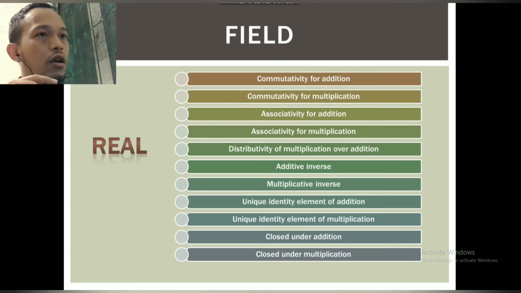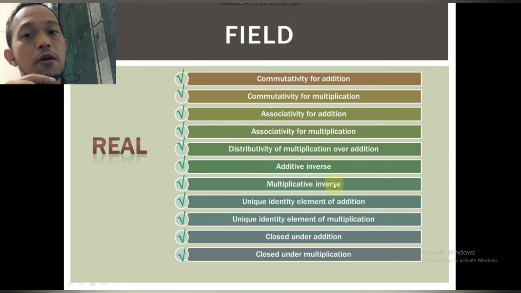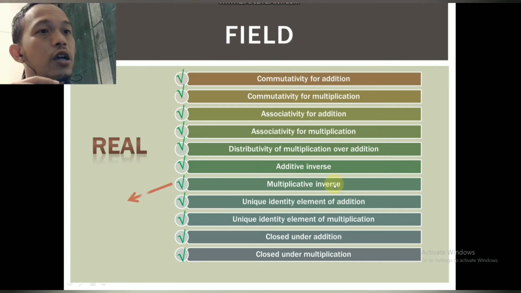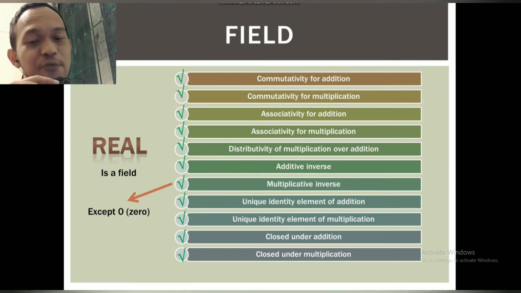So all of them can be applied to real numbers except this one, multiplicative inverse. If you can remember, multiplicative inverse speaks about the reciprocal, except for 0. So there is only one problem here for real numbers. Well, we can say it is a field as long as we don't include 0. So there is an exception.